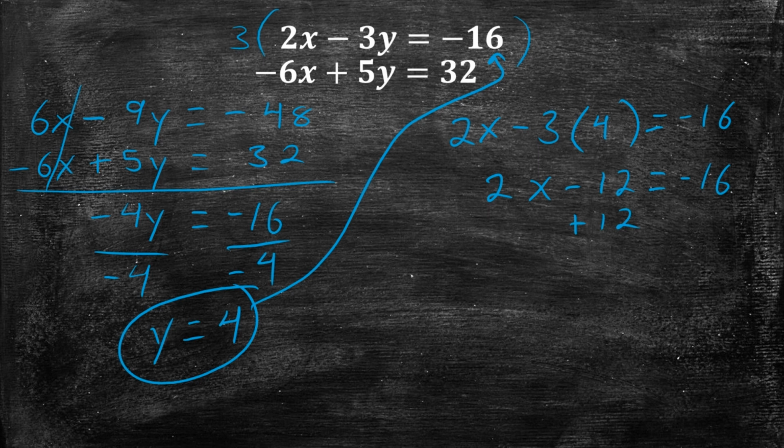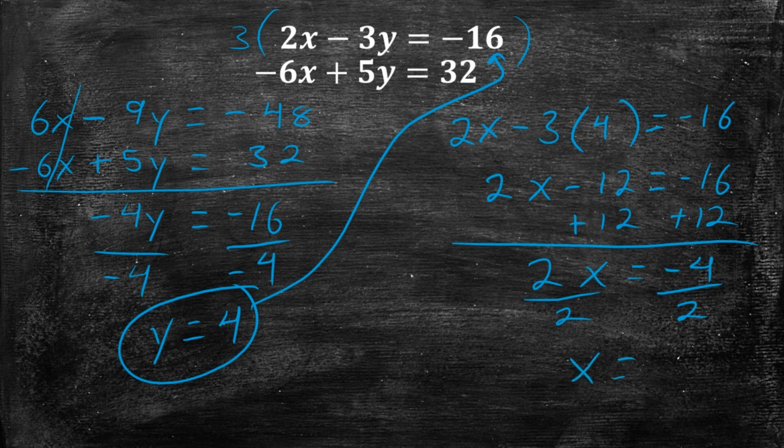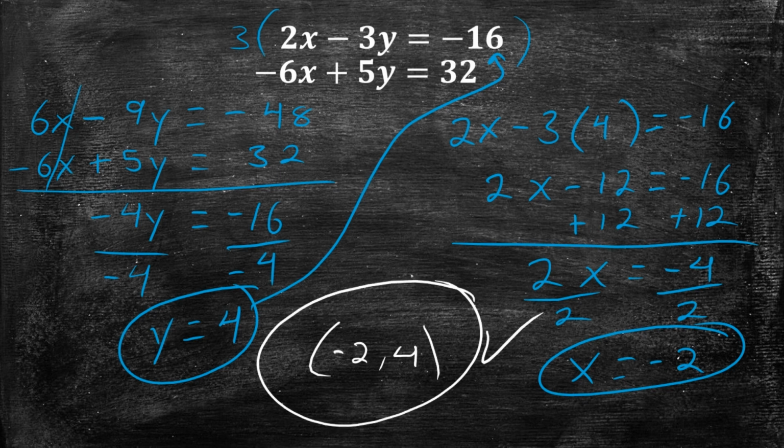Add 12 to both sides, like so. We get 2x is equal to negative 4, and divided by 2, divided by 2, x is equal to negative 2. And we just want to write down our final answer using that point form. So we got (-2, 4). And that is our final answer.